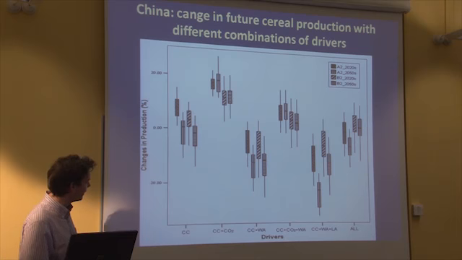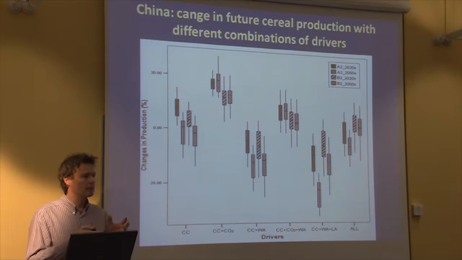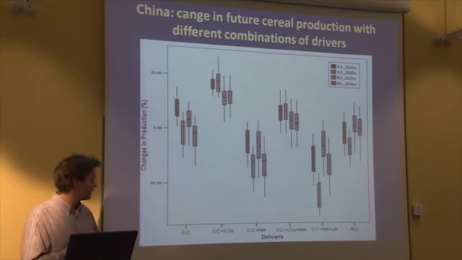So what we have here is the results of a study which was done at the national level to look at future food production in China, staple food crops, wheat, rice and maize, and the current production is about 400 million tonnes per year. And we've simulated, using crop models and a hydrological model for China, the future food production under conditions of climate change, but also a whole range of other socioeconomic changes.